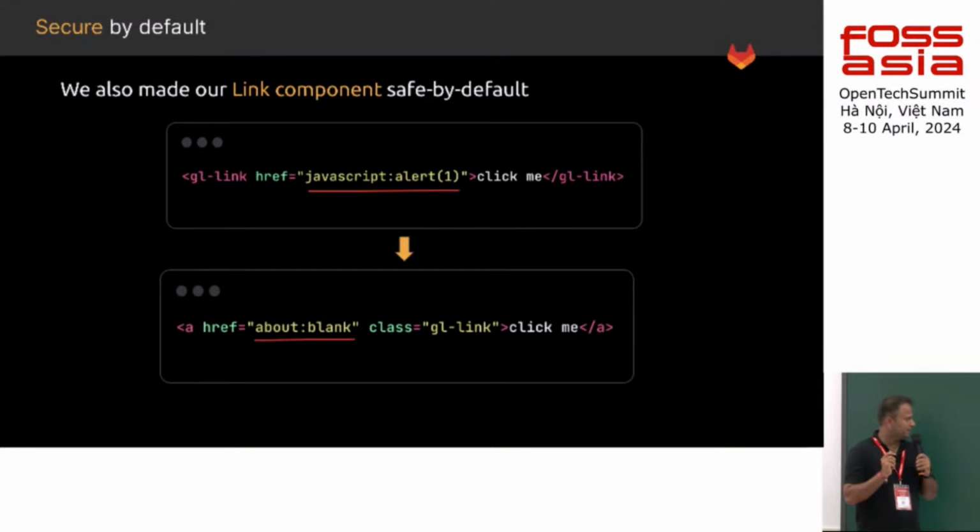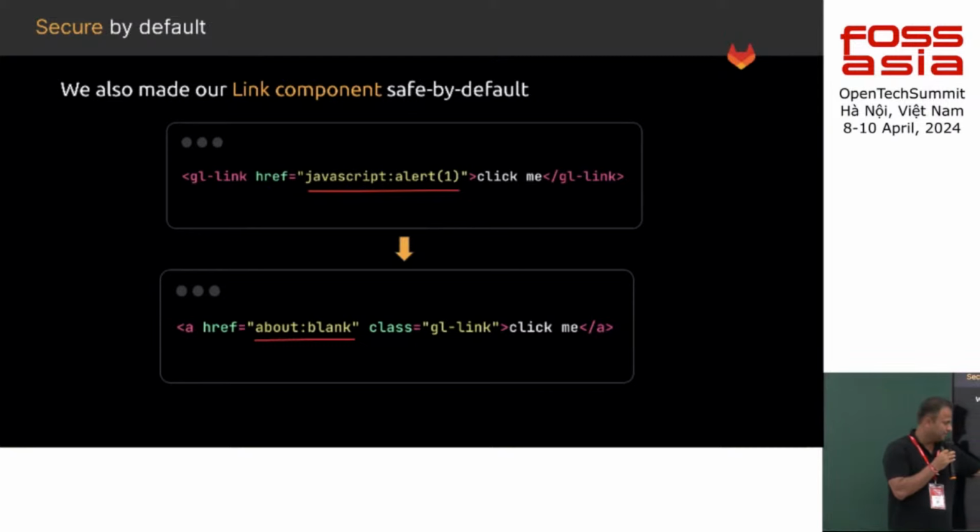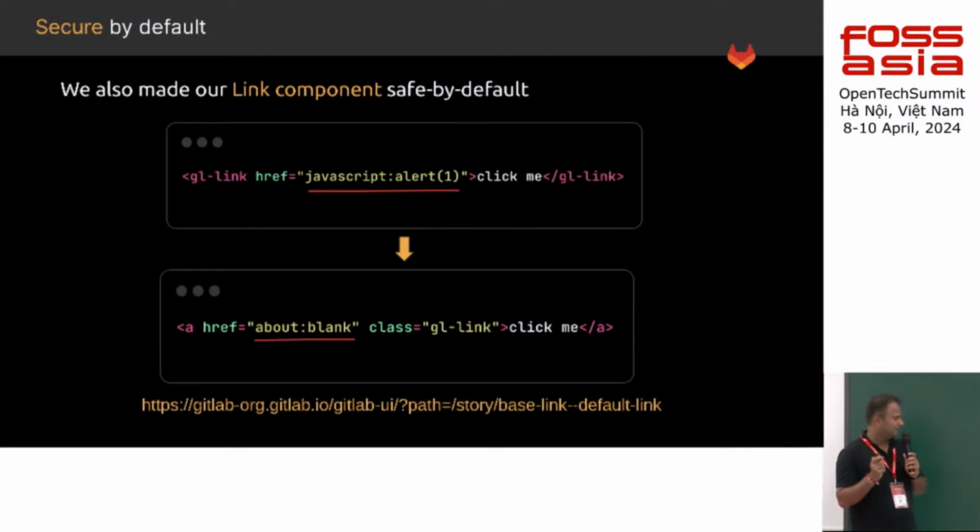In this example, if a GL link has an href with JavaScript code, the output will always be about:blank or something like a null. And again, it's part of our component.